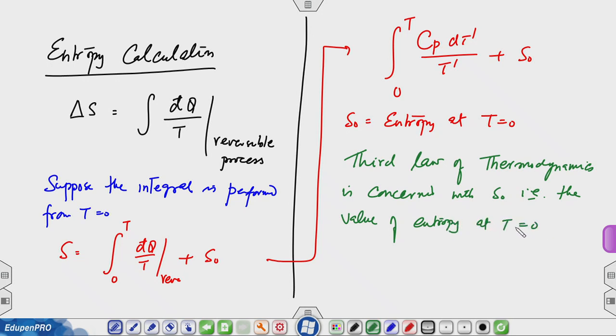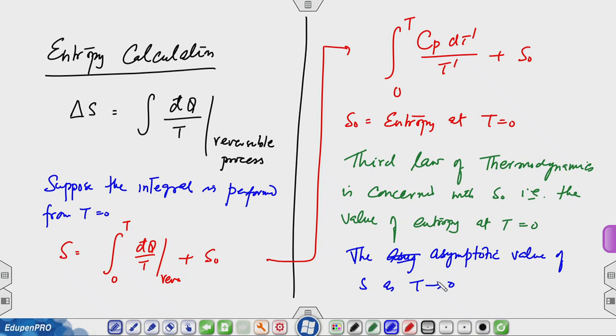Although T equals 0 cannot be attained, so we can say this is concerned with the asymptotic value of S as T tends to 0.